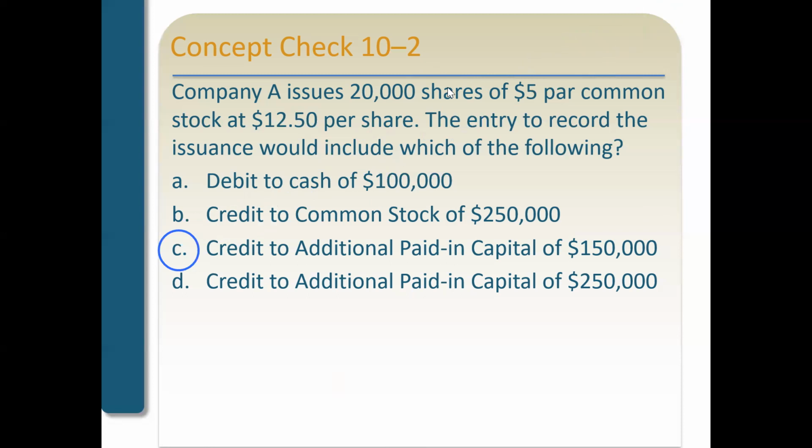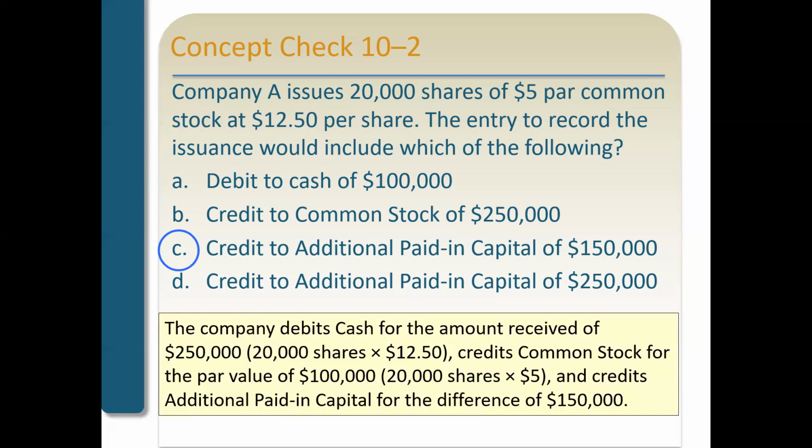Well, I gave you the answer. How are we going to do this? We're going to debit our cash for 20,000 shares times $12.50. We're going to credit just the par value, 20,000 shares times $5 a share, 100,000.